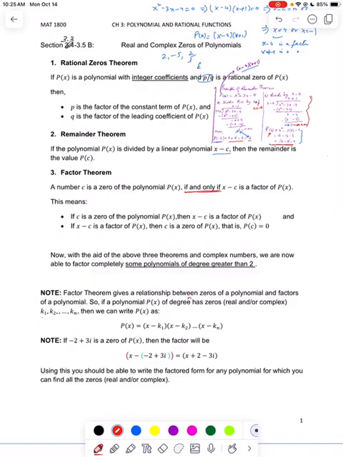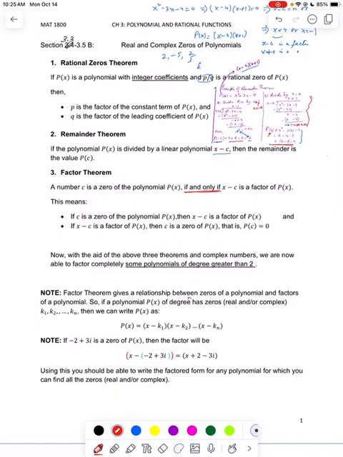Another thing to note is that there is a theorem, maybe you will see it later, which says that a polynomial of degree n can have n zeros in all, real or complex, not more than n. A polynomial cannot have more zeros than its degree.